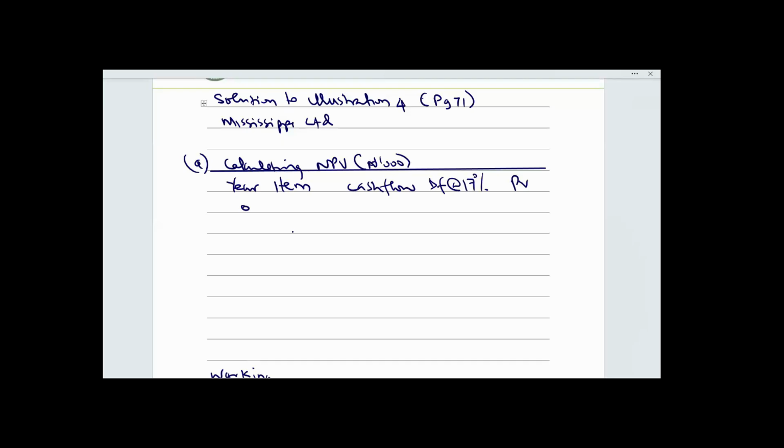So year 0, we have the initial outlay. According to the question, initial outlay is 4,800,000. Our figures are in thousands. Then discount factor at year 0 is 1. 1 multiplied by 4,800 will give us 4,800.